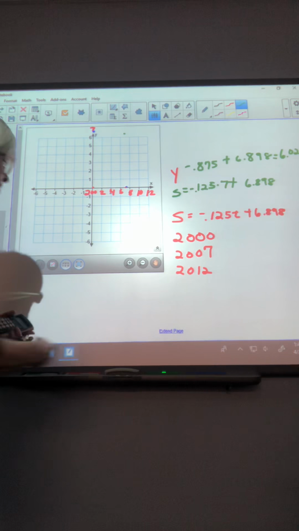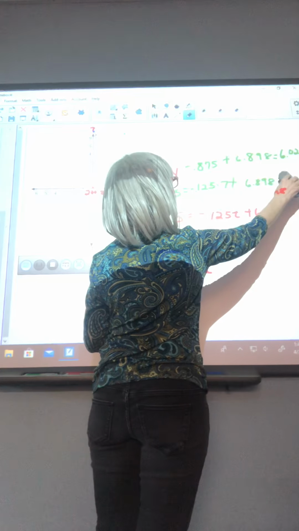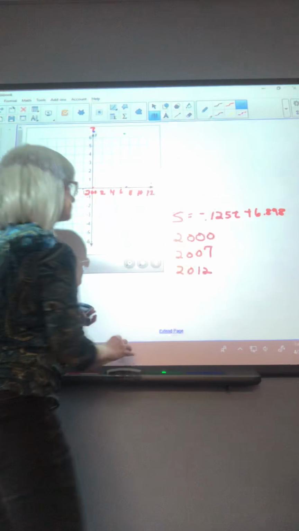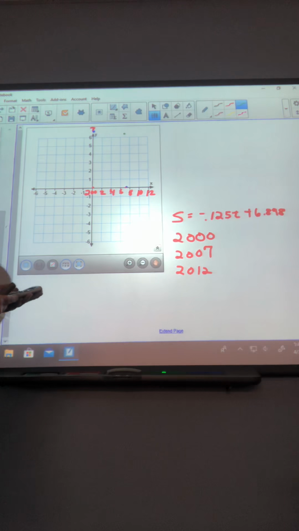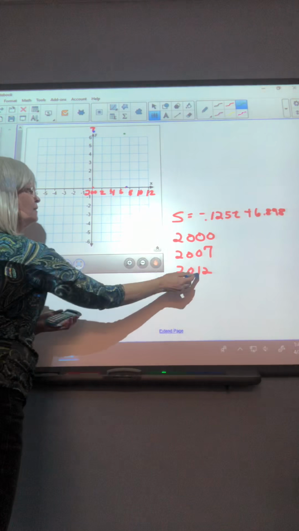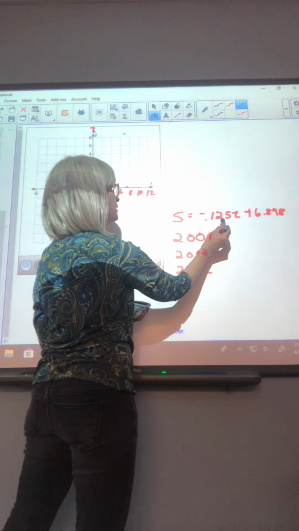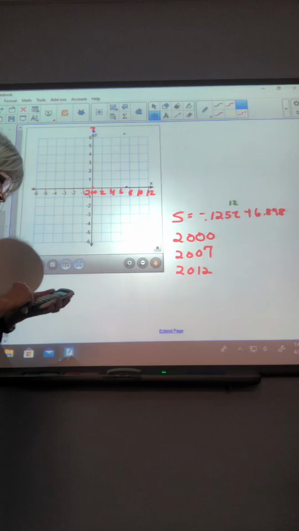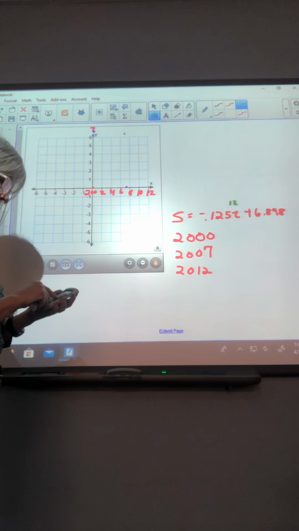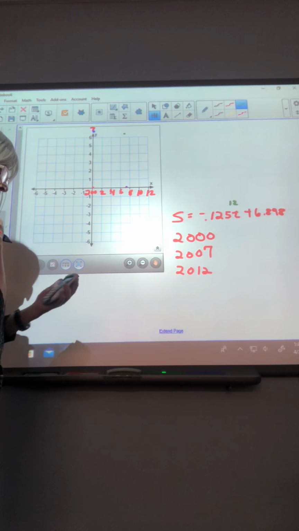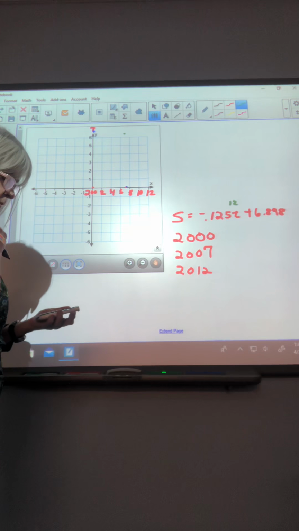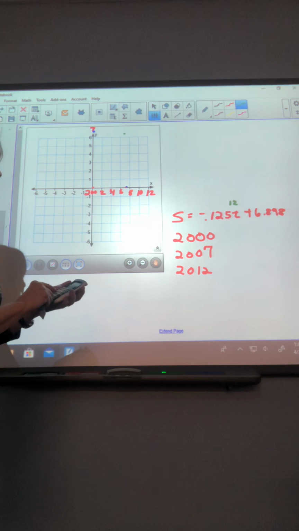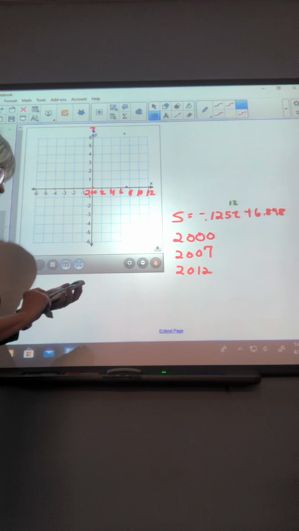Okay. And then 2012. So 2012, that would be 12 years. So we're going to multiply 0.125 times 12. And that gives us 1.5, then we're going to add to that 6.898.